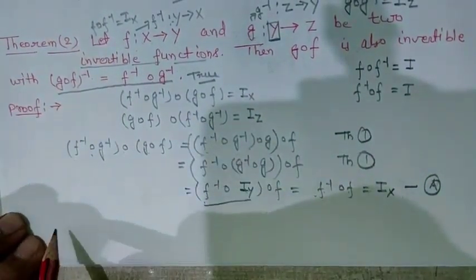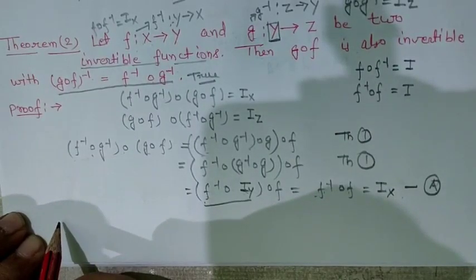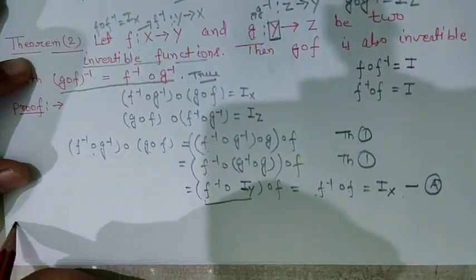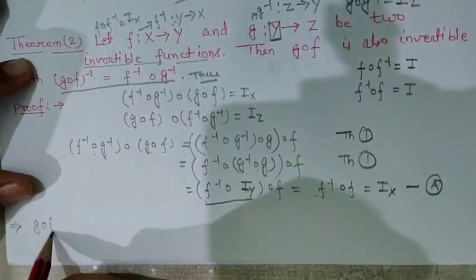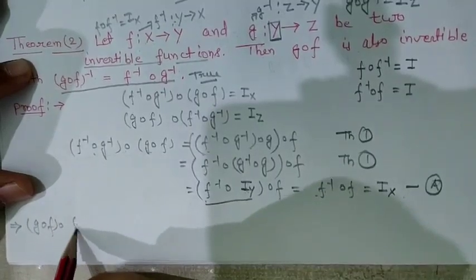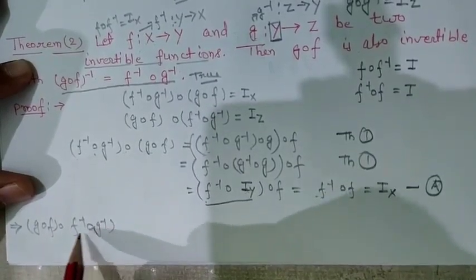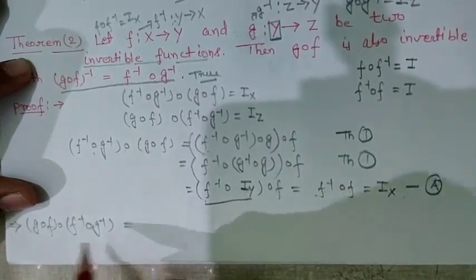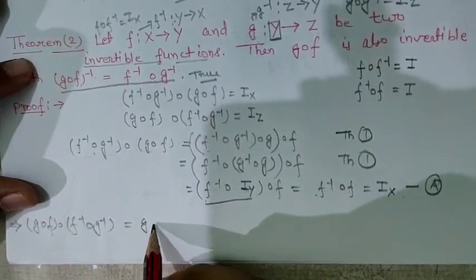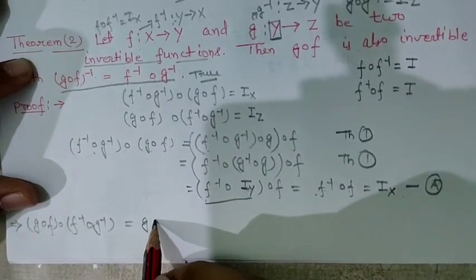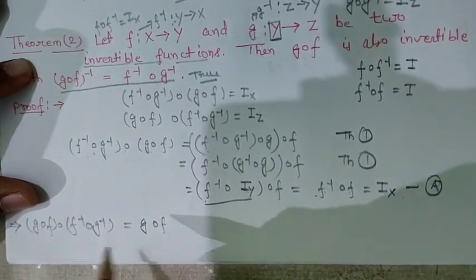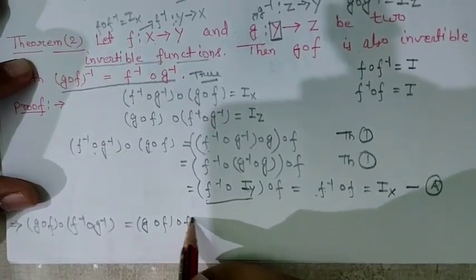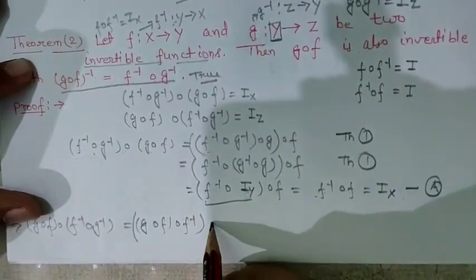Similarly, you can show that if I reverse it, g o f o f inverse o g inverse, again by the associative property we can say g o (f o f inverse) o g inverse. I'm just changing the brackets.